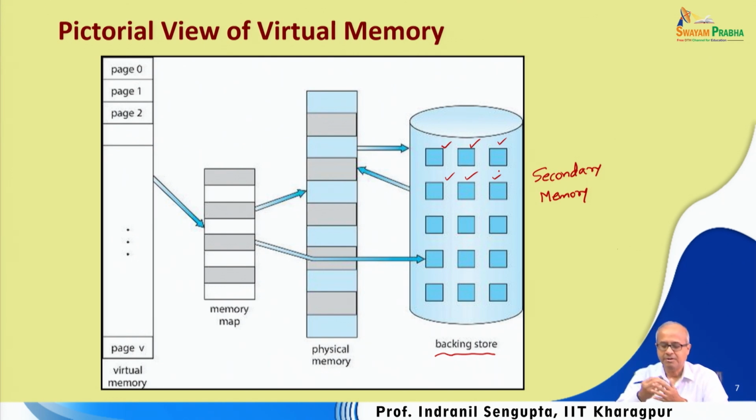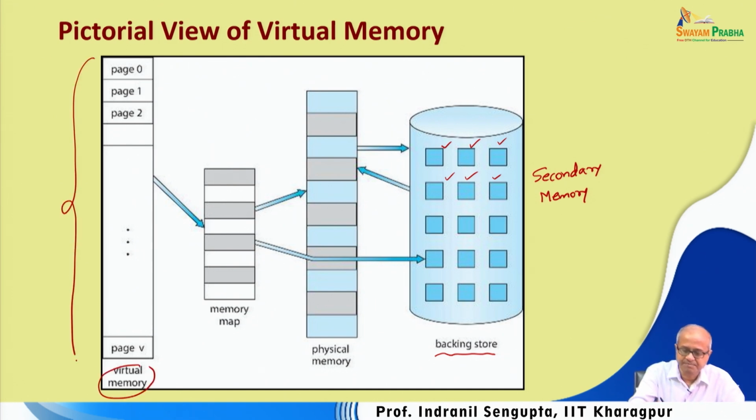On the other side, you have the virtual memory. This is a process. The process consists of a number of pages, let us say page 0, page 1, page 2 up to some maximum. Now, these pages are mapped into main memory. Here you have the physical memory.